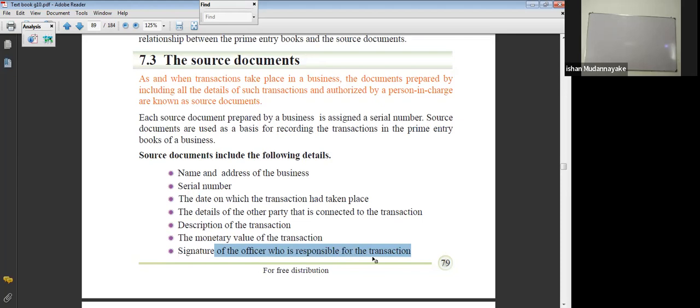If the examiner asks you to write down two things included in a source document, sometimes examiners may ask that type of question, then you can imagine a bill of a hardware.